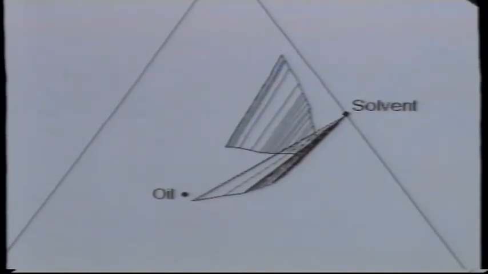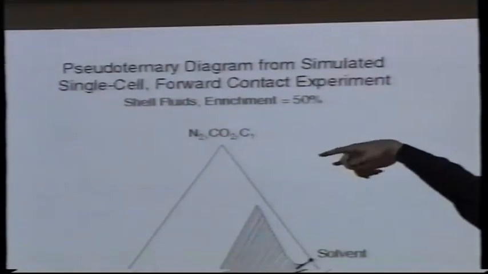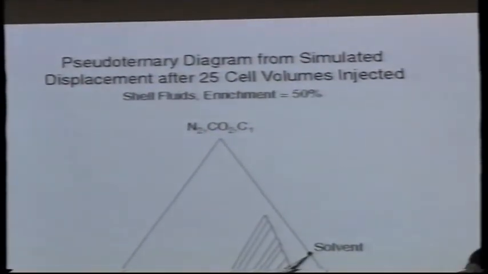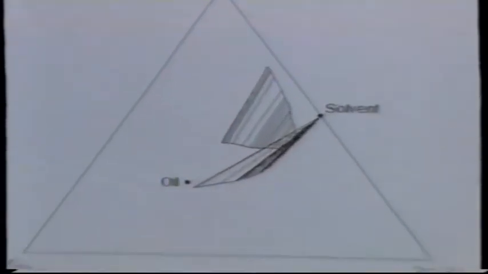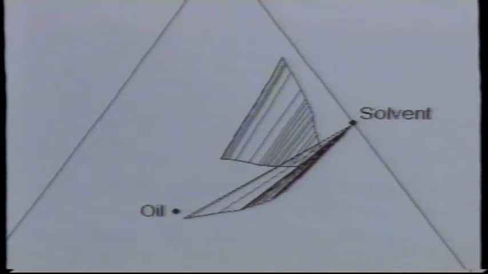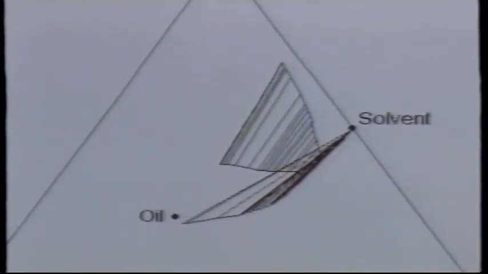The first was at 1 cell. The second one is at 25 cells downstream, and the third one is at 100 cells. And so you see that that tie line distance gets shorter and shorter the closer you get to the true solution. So that's another thing that you could measure or monitor as a function of distance. All right?